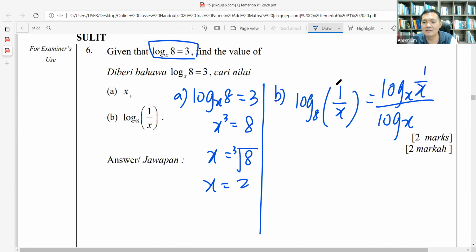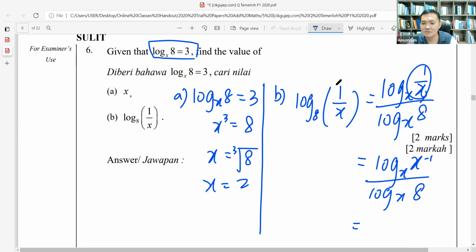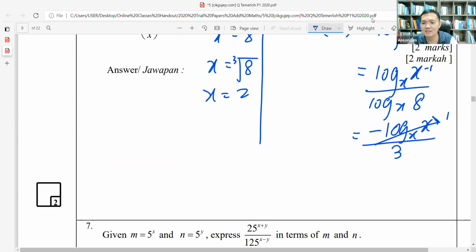So 1/x on top, 8 bottom. Okay, this one, right? x power -1 over log x 8. Yeah, because 1/x is x power -1. So negative log x x is 1, correct or not? But you still got negative on top. Log x 8 is what? 3. So answer -1/3.